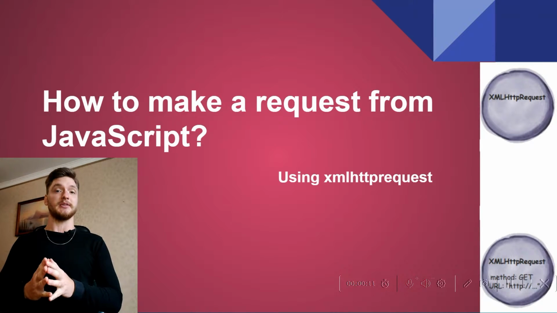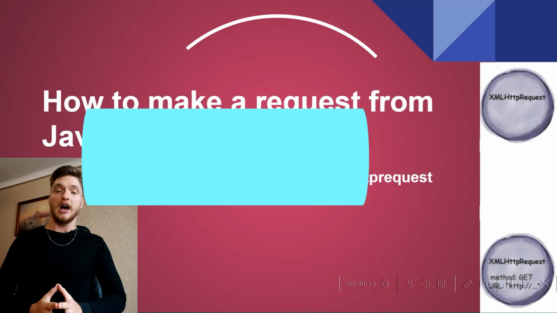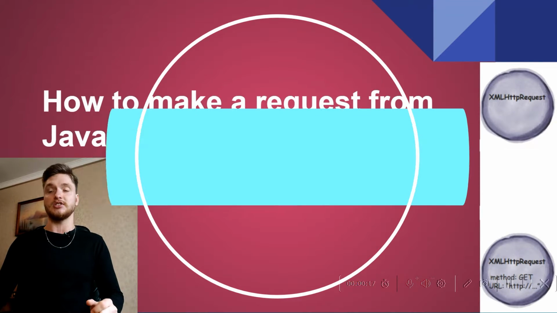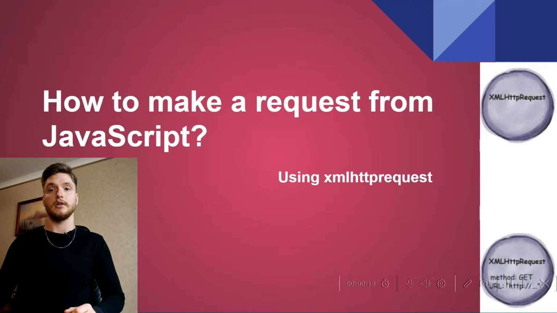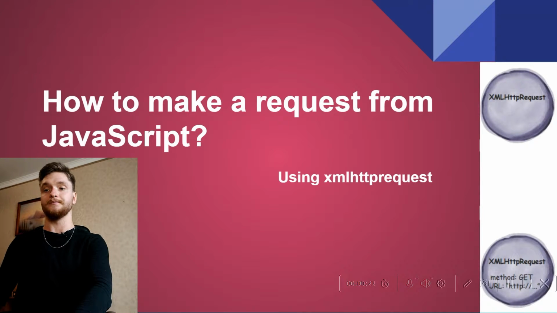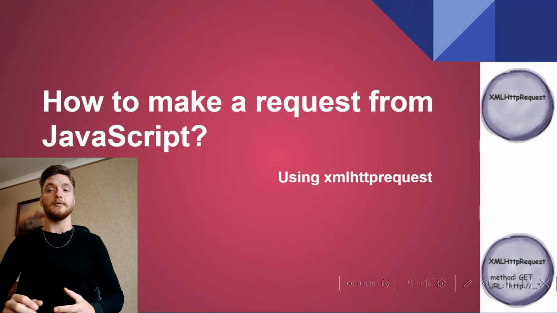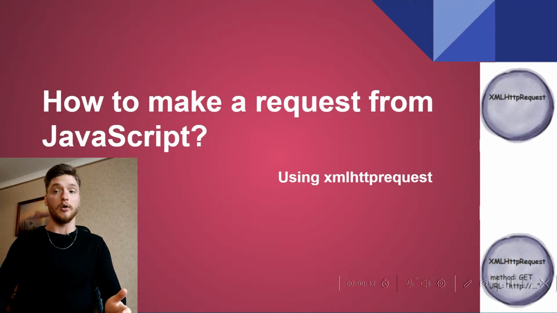We're talking about HTML and JavaScript and the topic of how to make a request from JavaScript using XMLHttpRequest. So, we know we can retrieve data with HTTP, but how?